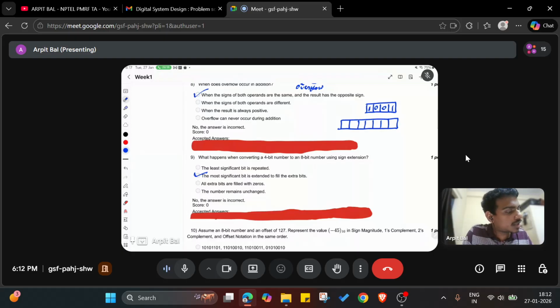So what I will do is I'll copy the MSB in the remaining bits. I'll have 1001 and I'll have 4 more ones, 1, 1, 1 and 1. So this is my 4-bit representation and this is my 8-bit representation. Whatever is the sign bit, you copy it 4 times to do the sign extension. Is that clear?